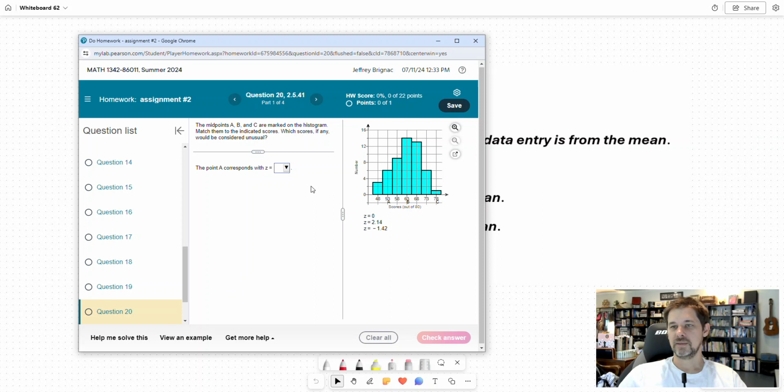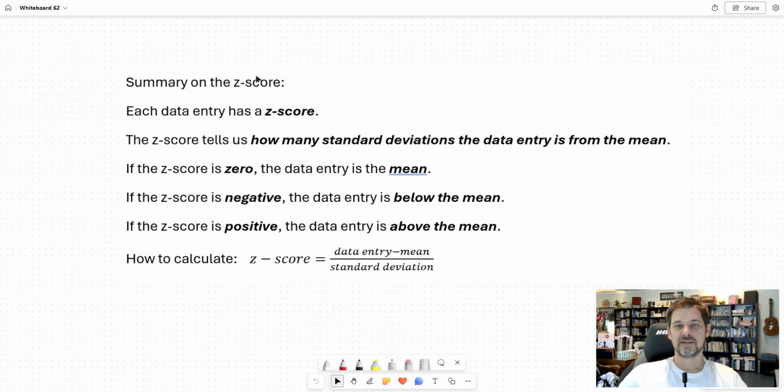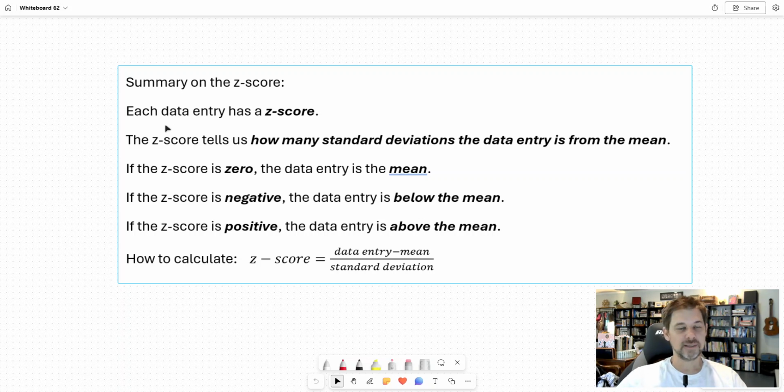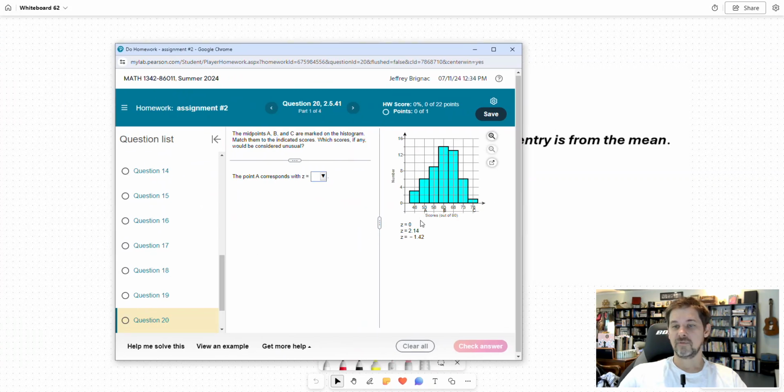Now, let me give you a quick summary of what the z-score is in order to answer this question. Every data entry in a data set has a z-score. The z-score tells us how many standard deviations the data entry is from the mean. So if one of these points has a z-score of 2.14, that means it's just over 2 standard deviations from the mean.